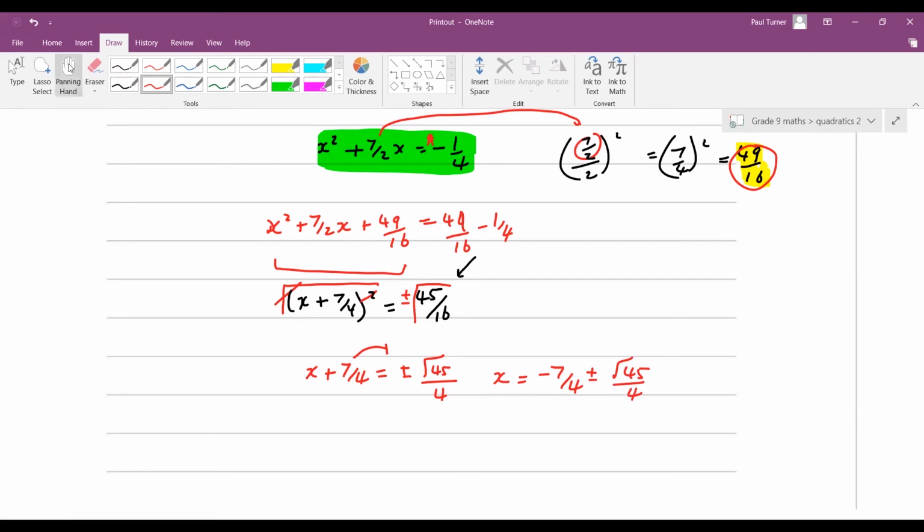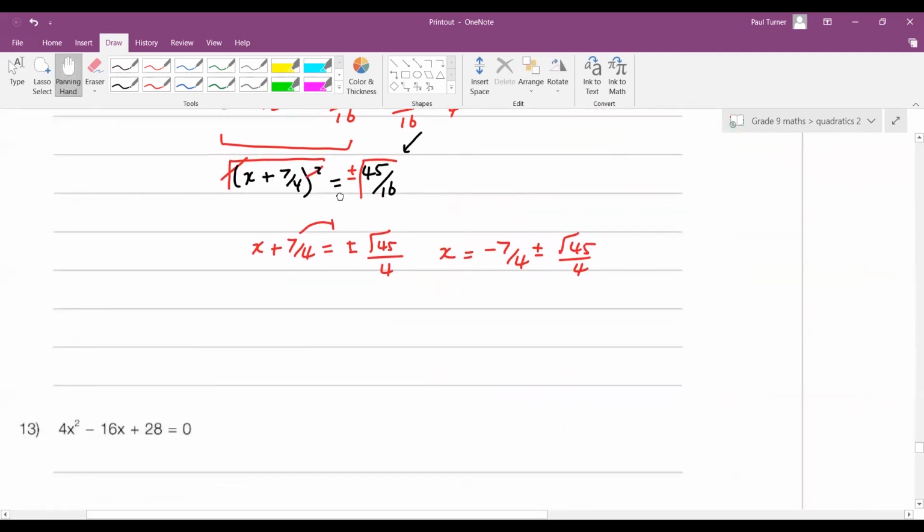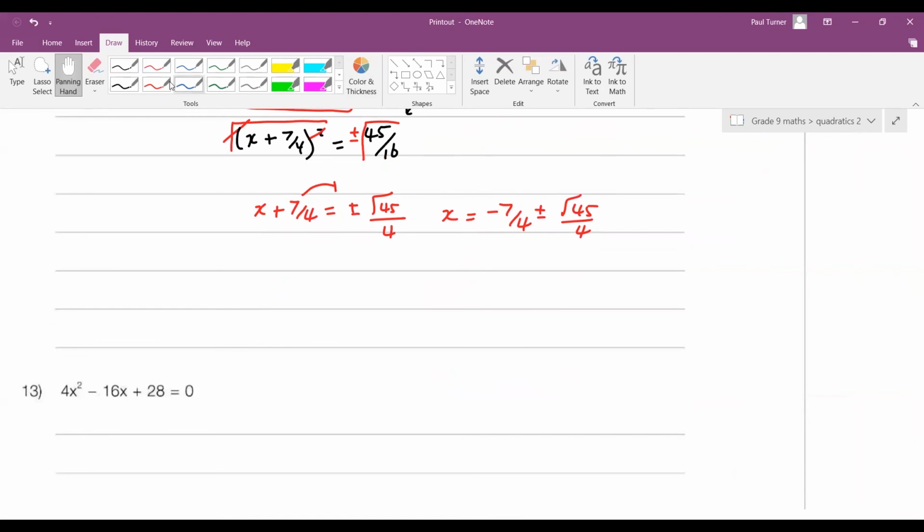Now, root 45 can be simplified a little bit if you want to show more working, because root 45 can be written as root 9 times 5, which is root 9 times root 5, which is 3 root 5. So you can do that if you want here. So we'll write that. Minus 7 on 4 plus or minus 3 root 5 on 4.